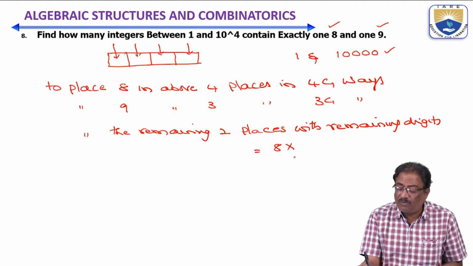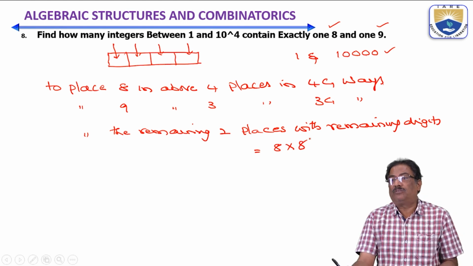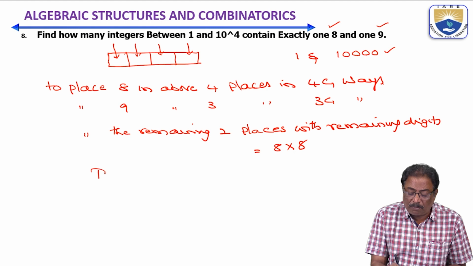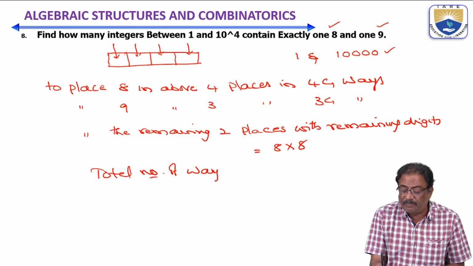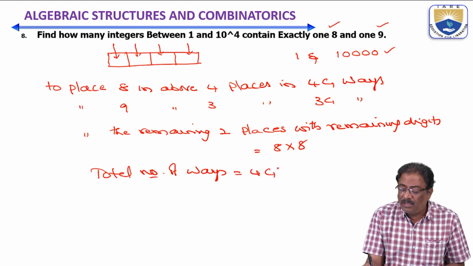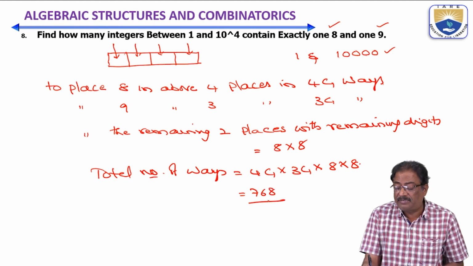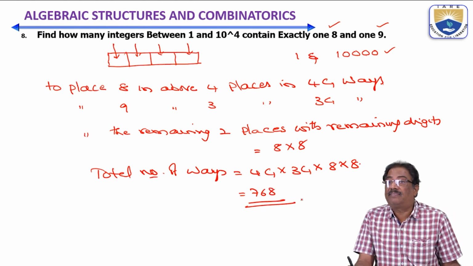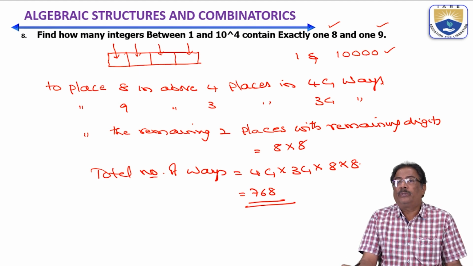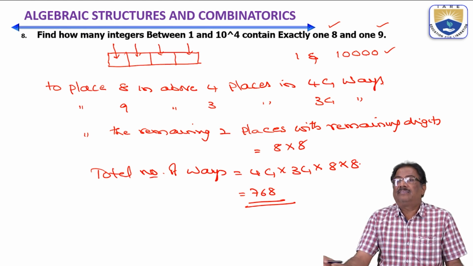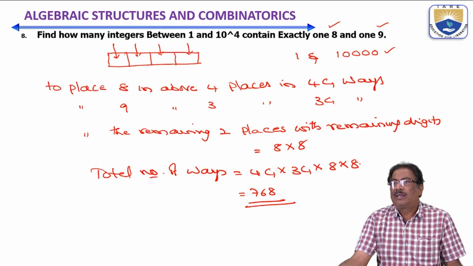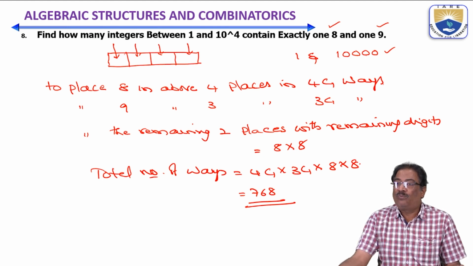First one is 8 possible ways, and the second one is also 8 possible ways. So 8 into 8. So what is the total number of ways? It is nothing but 4C1 into 3C1 into 8 into 8. Subsequently, we are going to get 768 ways. So there are 768 integers between 1 to 10 power 4 that contain exactly 1 eight and 1 nine only.